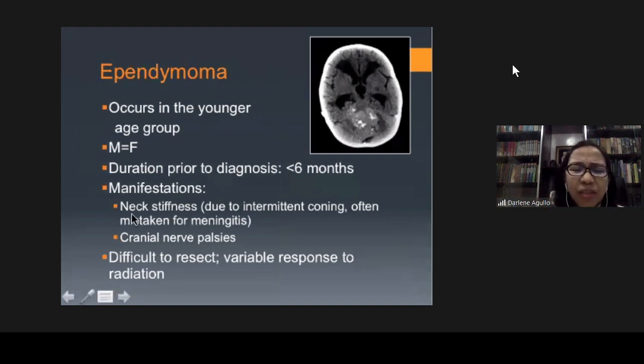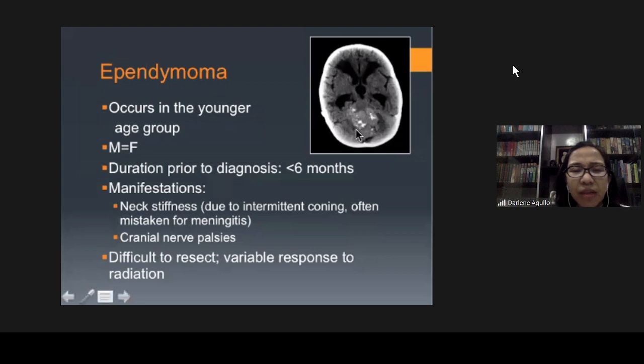So patients manifest with neck stiffness, and this is due to intermittent coning of the tumor dito sa foramen magnum, no? And is often mistaken for meningitis. Patients also present with cranial nerve palsies and hydrocephalus. Again, this is difficult to resect with variable response to radiation.